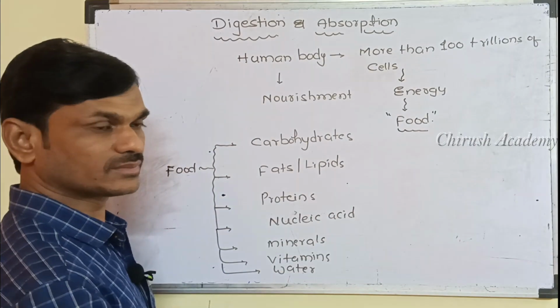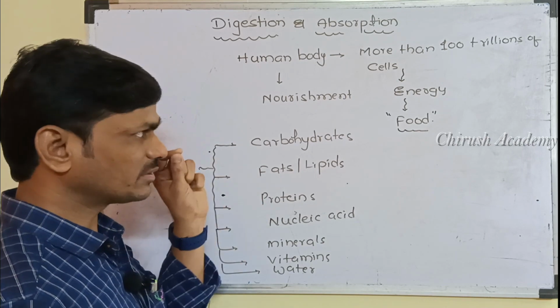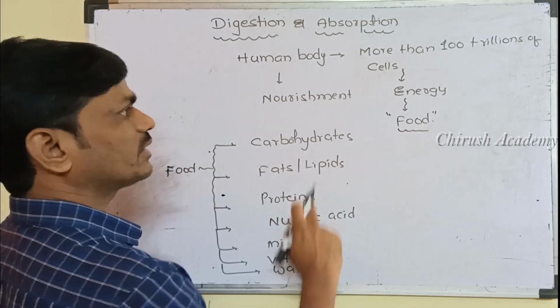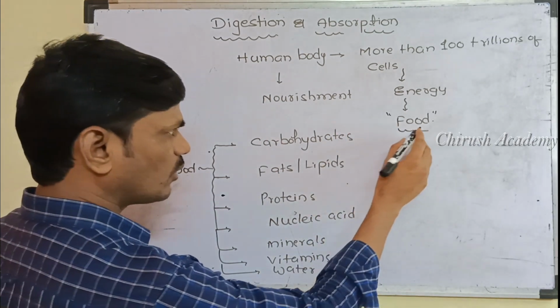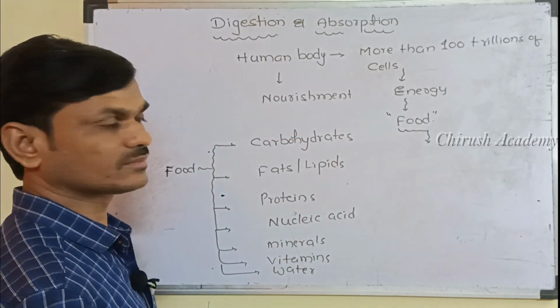These are generally called the nutritive materials present in the food, and these nutritive materials help in the formation of chemical energy. The food is the only source of chemical energy for all the living cells in the body.